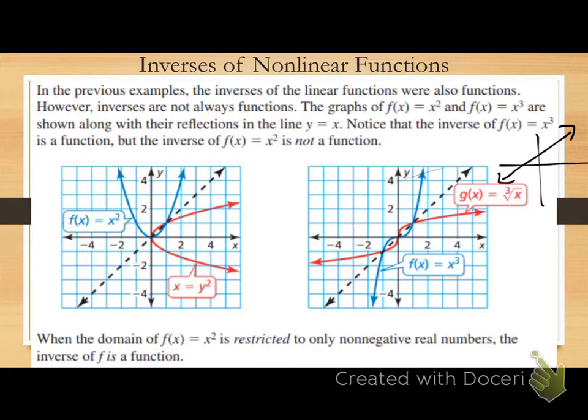So I would only get the top half of this sideways parabola, because then it would pass the vertical line test. Does everyone see that? If we restrict the domain to only positive values, then the inverse of f is a function. Any questions before I move on to an example?